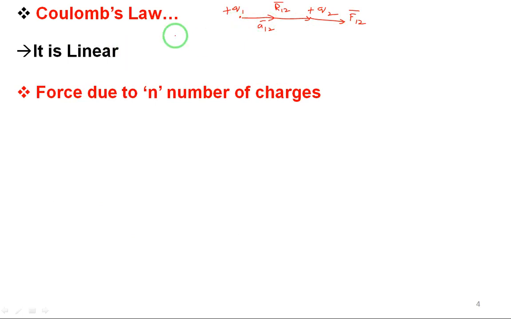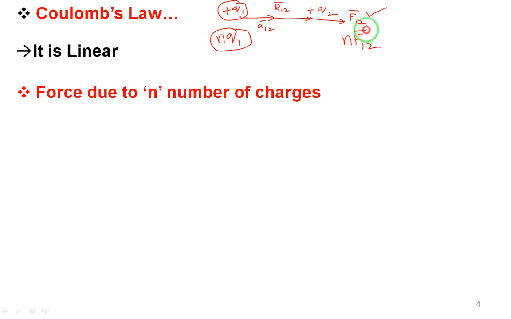Coulomb's law is linear. What is the meaning of this? It means that if I increase the magnitude of charge Q1 by n times, so n into Q1, then the force also increases by n times.